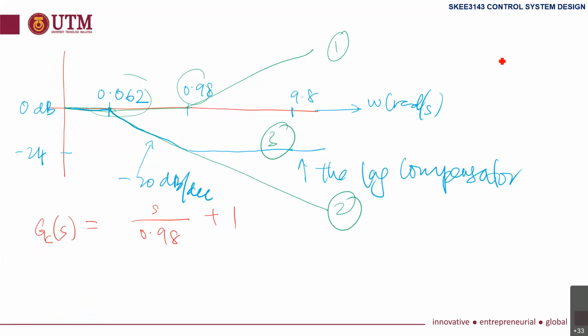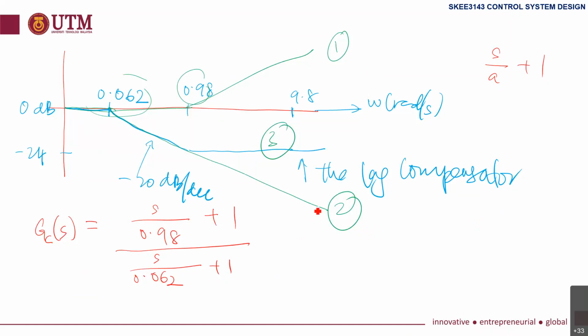Remember, we have S over A plus 1, where A is the break frequency. Here, the break frequency is 0.98. Divided by, because number 2 is the denominator, S over 0.062 plus 1.